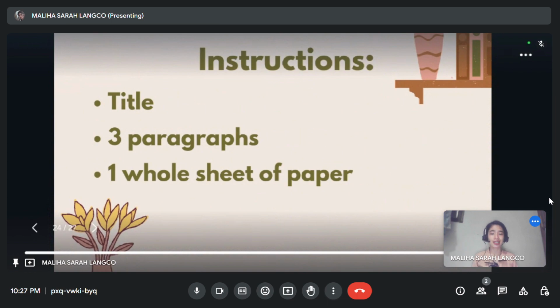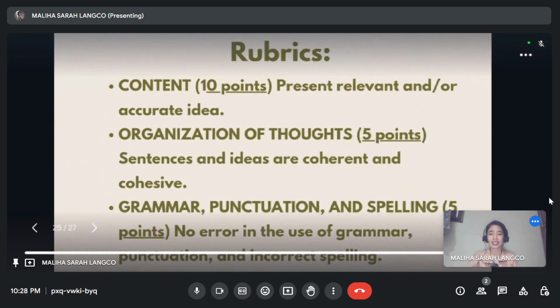Here are the instructions. It should have a title of its own. It should be written in three paragraphs and on one whole sheet of paper. These are the rubrics: the content, 10 points, relevant and accurate ideas; organization of thoughts, 5 points, sentences and ideas are coherent and cohesive; grammar, punctuation and spelling, 5 points, no error in the use of grammar or punctuation and no incorrect spelling.